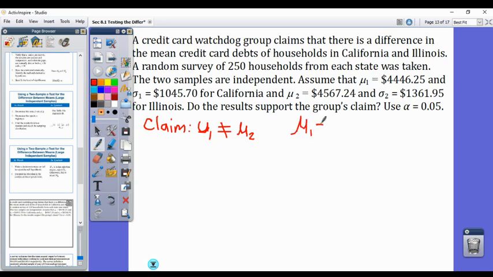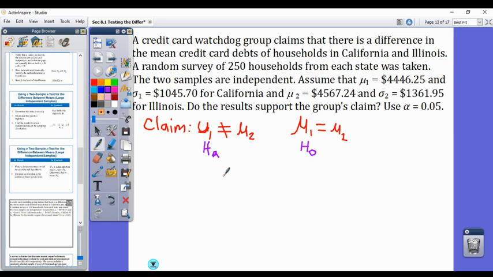Notice in this case they said there's a difference, but they didn't say if the difference was greater than or less than. So that's why we're going to be using the equal and the not equal. So we have our null hypothesis, and we have our alternative hypothesis.